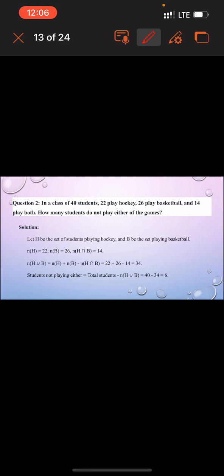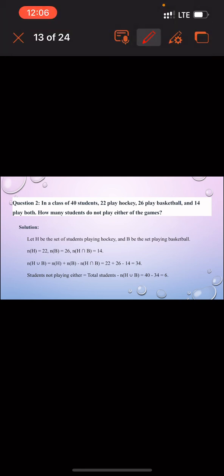The next question is, in a class of 40 students, 22 play hockey, 26 play basketball and 14 play both. How many students do not play either of the games? So we can take H as the set of students playing hockey, and B as the set of students playing basketball.